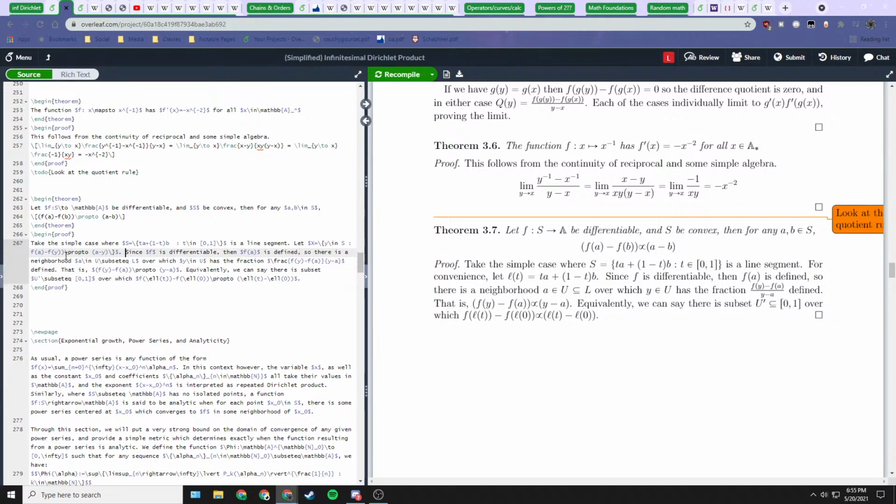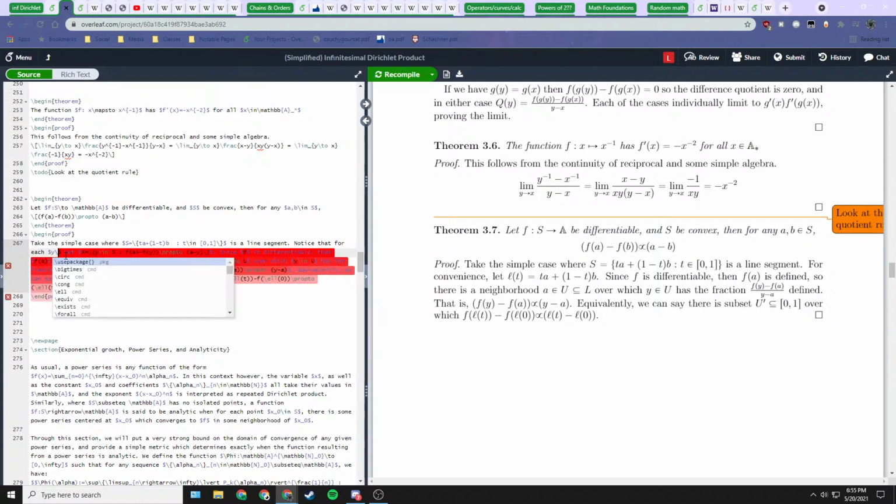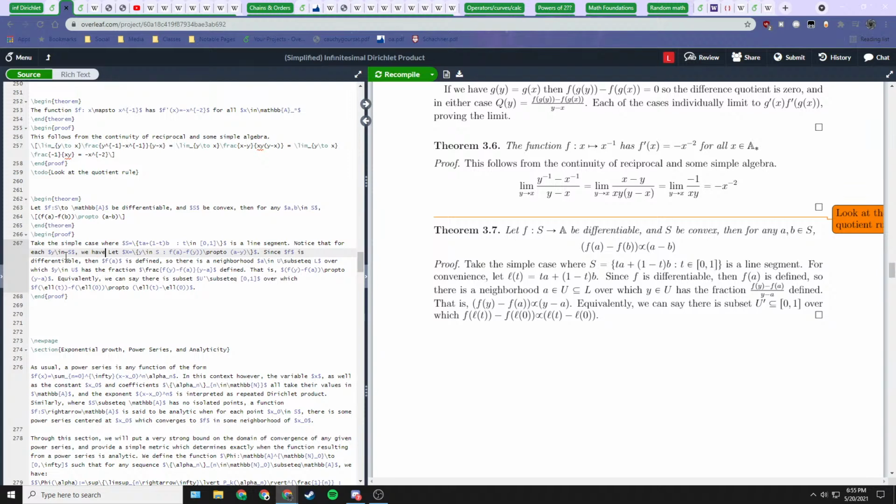Since f is differentiable, f of a is defined, so there is a neighborhood of f of a over which, notice that for each y in S, y minus a is equal to, with t in [0, 1], t a plus 1 minus t b minus a.